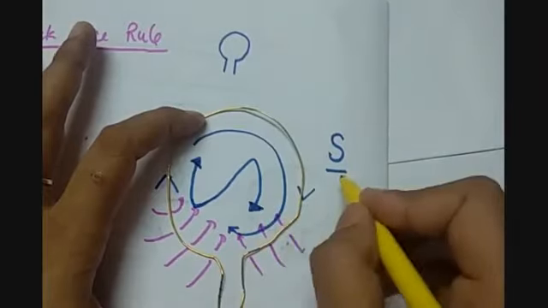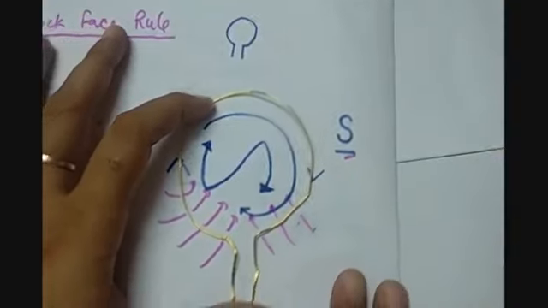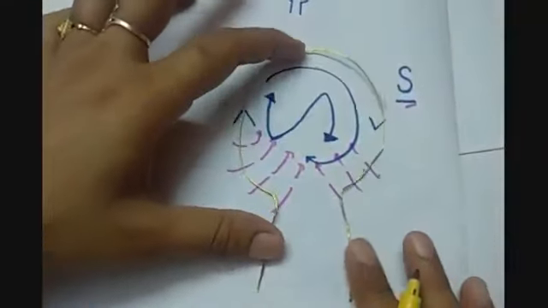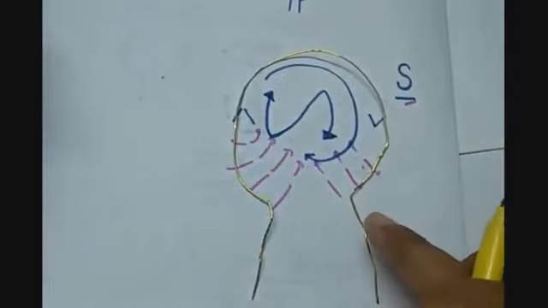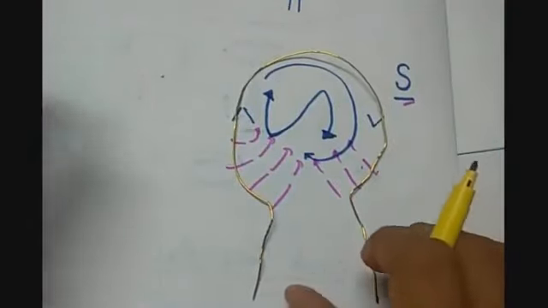And why I am saying it resembles the letter S, because this is the method to remember that this face of the circular loop in which the current is flowing in clockwise direction will behave as the south pole of the magnet. Why?